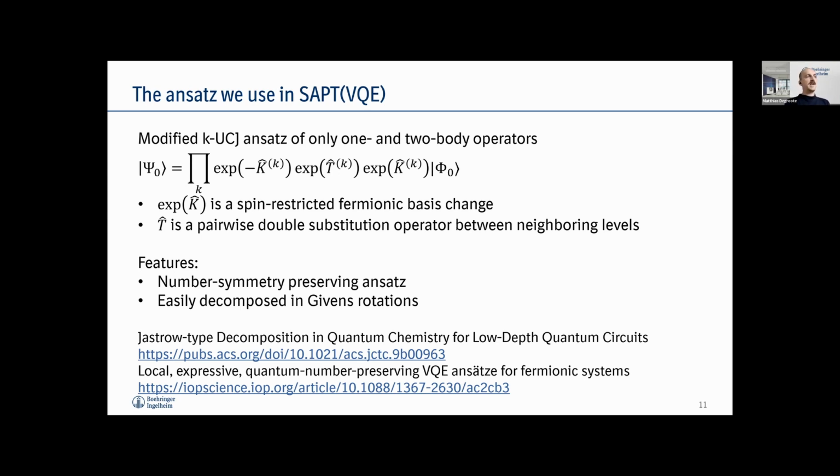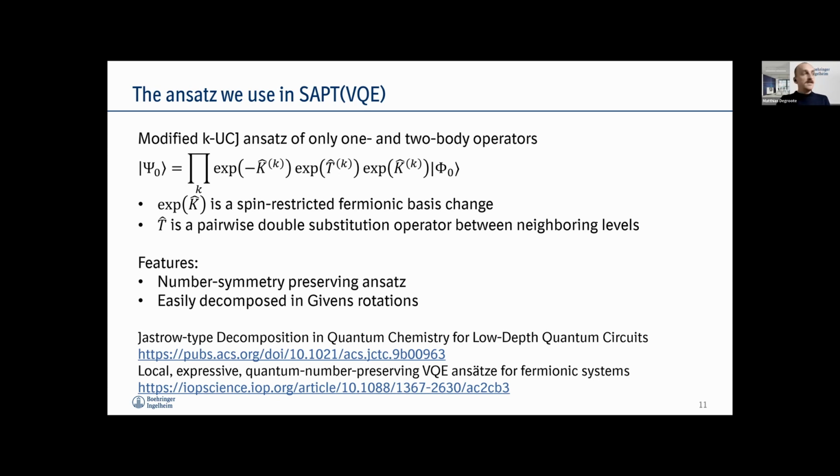There are some nice desirable features about this ansatz: it's number symmetry preserving, not only on the full number operator, but also on the separate alpha and beta number operators. And there's some work by QCware and Covestro that talks about these Givens fabrics, and it's really easily decomposed in elementary Givens rotations, and fits well in this framework that they've developed.